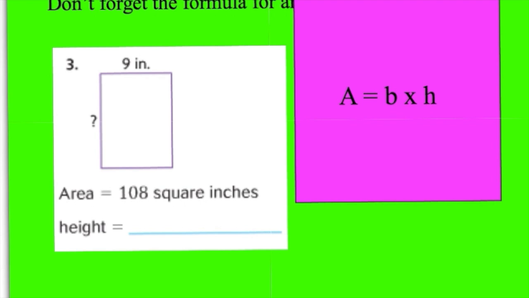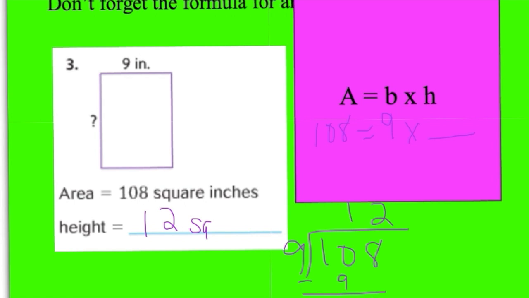So they've given me the area, 108, and they've given me the base, which is 9, and I just need to know what the height is. So I can say this, or I can do 108 divided by 9. I can go through and I can divide if I would like. And that tells me the height is 12 inches.